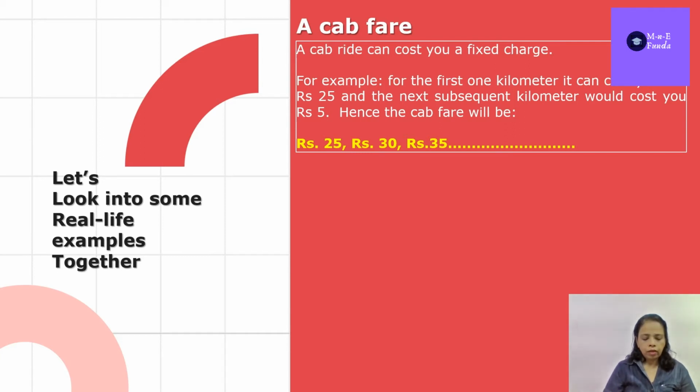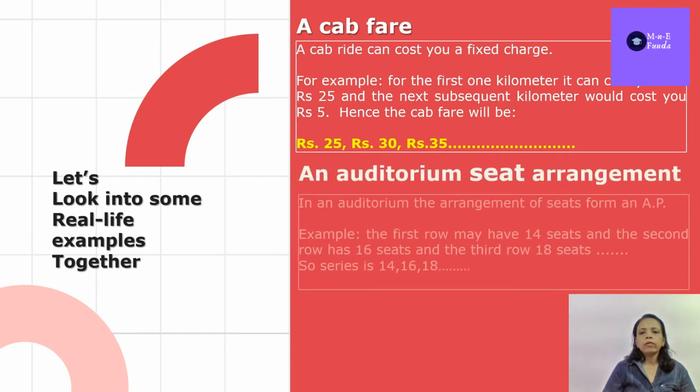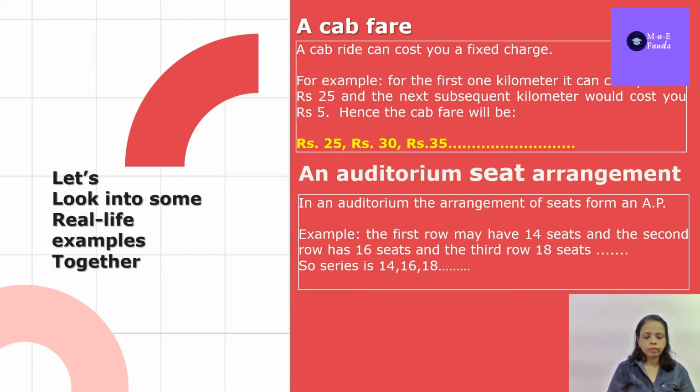Next, take one more example. An auditorium seat arrangement. In an auditorium, say, the first row has 14 seats, and the second row has 2 more seats, that is 16, and the third row has 2 more seats, that is 16 plus 2, 18, and so on.